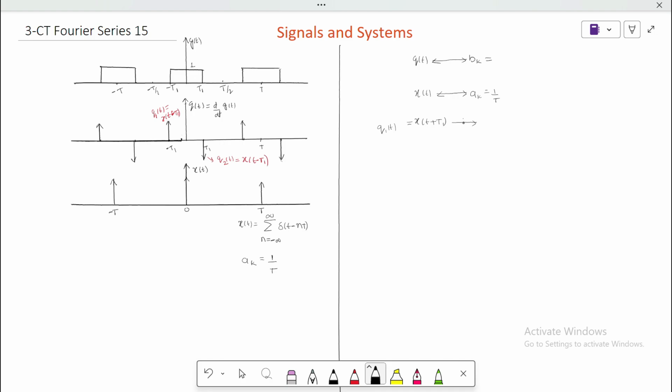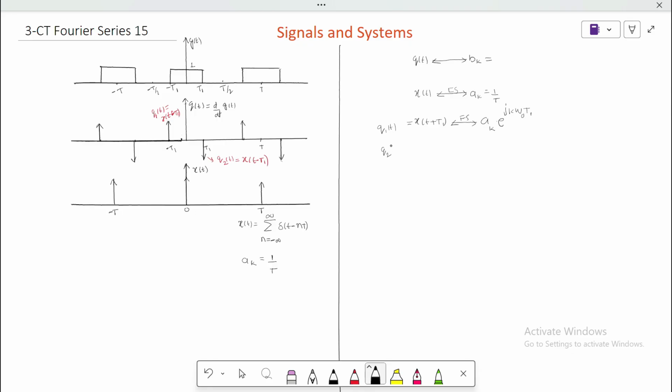Its Fourier series coefficient is the advanced signal, ak into e power jk omega naught t1.